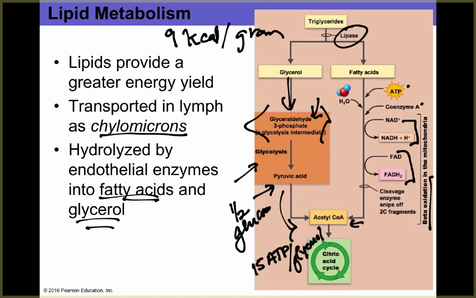Basically, this acetyl group that we're going to make binds with coenzyme A to form acetyl-CoA, which then can enter the citric acid cycle, right? And it's referred to as beta because 2 carbons are broken off of this chain. And so this is the process of basically lipid metabolism.